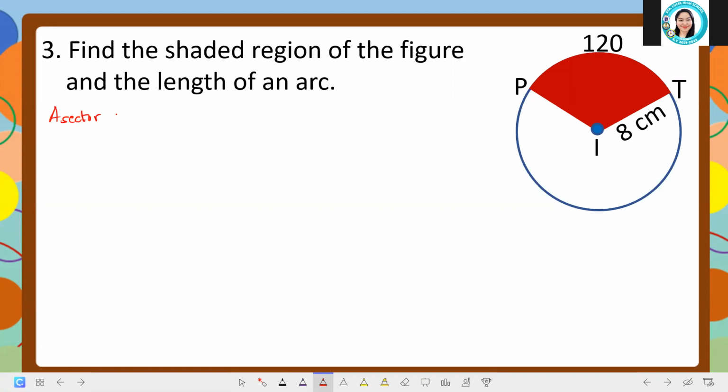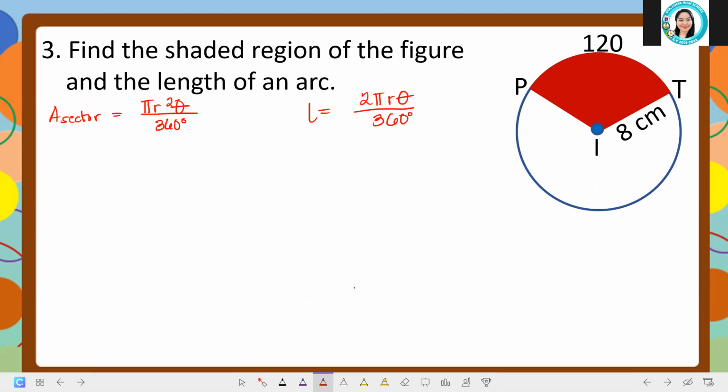Area of a sector is equal to pi r squared theta divided by 360 degrees, while the arc length, or let's use L, L, arc length is equal to 2 pi r theta divided by 360 degrees.